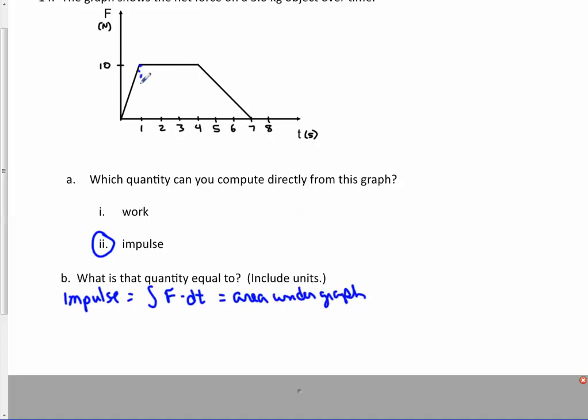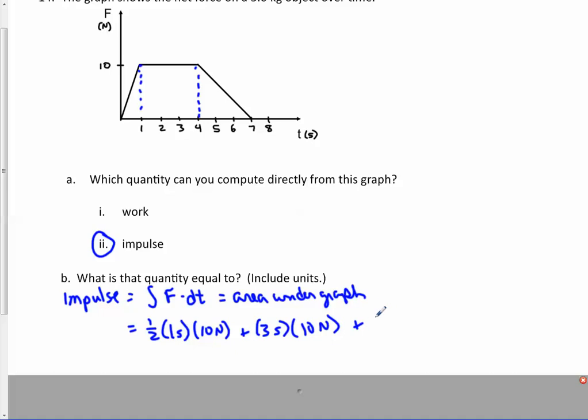Okay, so a little bit of geometry here. We're going to have a rectangle and two triangles. For the left triangle, we have 1/2 times the base, which is 1 second, times the height, which is 10 newtons. Then the rectangle is length times width, a 3 second width times 10 newton height.